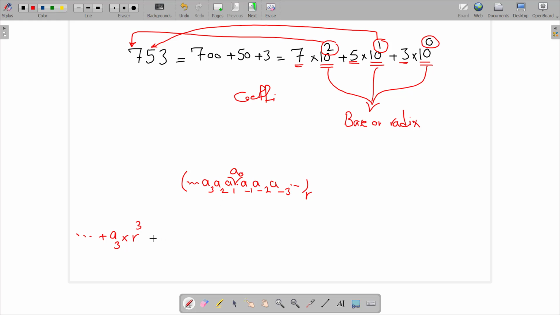Here we have a 0 plus a2 multiplying by R to the power of 2 plus a1 multiplying by R to the power of 1 plus a0 multiplying by R to the power of 0 plus, now we continue the fraction part in the form of a minus 1 multiplying by R to the power of minus 1 plus a minus 2 multiplying by R to the power of minus 2 plus etc. So this is the expansion of the general form of a number.